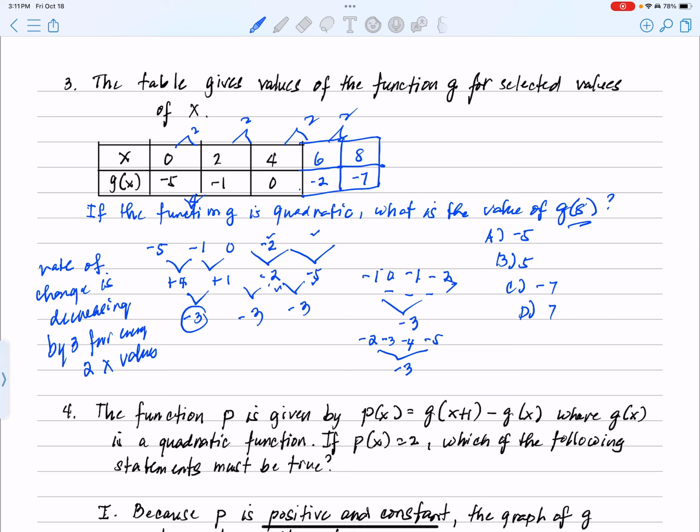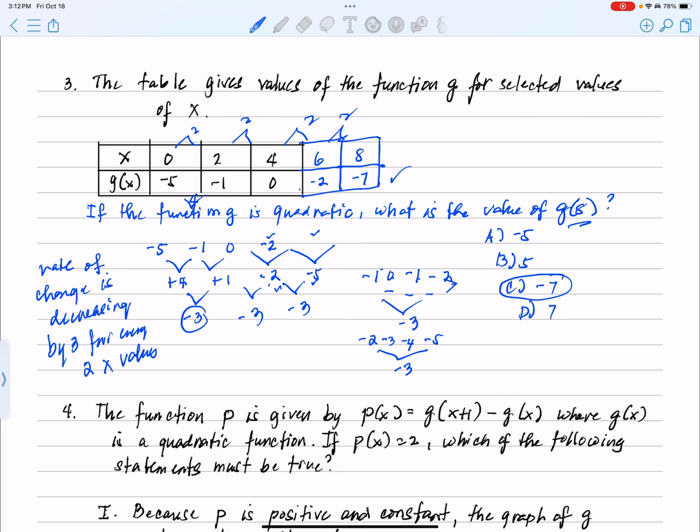By just looking at the first 2 points, or you can do 3 points, you can get the rate of change, how it is decreasing on the second difference, because we want to know the constant value of the rate of change, and our rate of change here is -3. And that is how g of 8 is equal to -7. So you have the answer there.